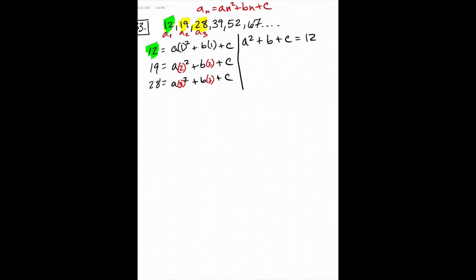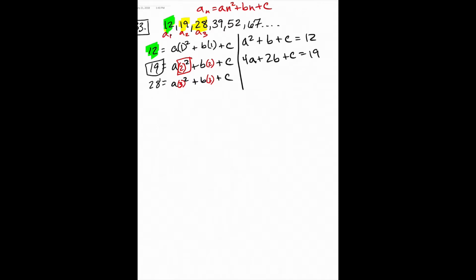And then my second equation is 4a, because if I look over here, 2 squared is 4, so that's 4a. And then 2 times b is 2b, and then plus c equals 19.